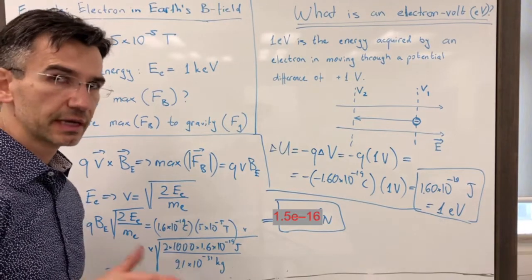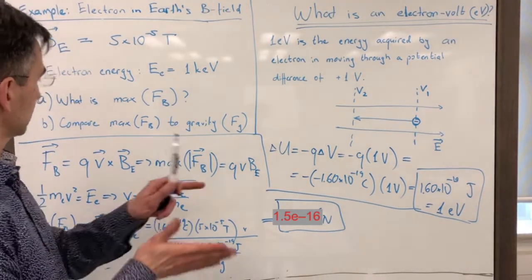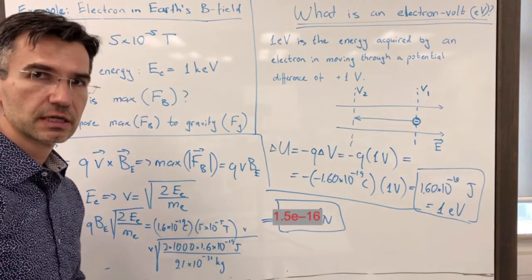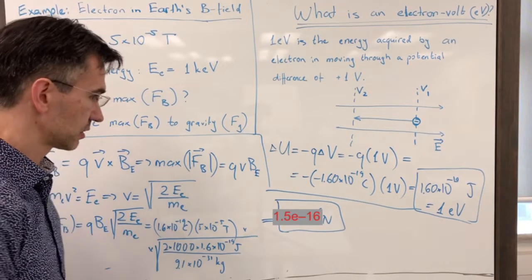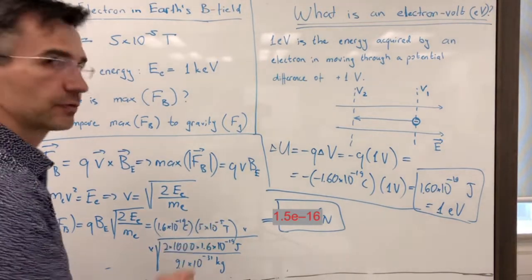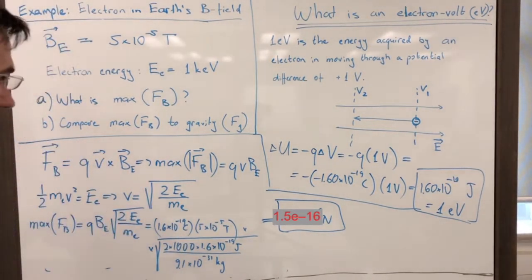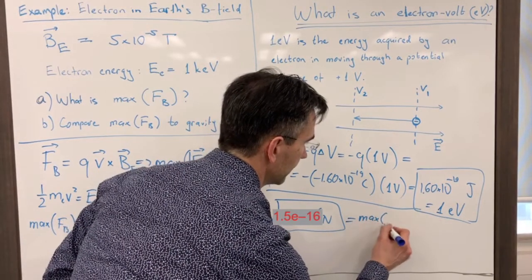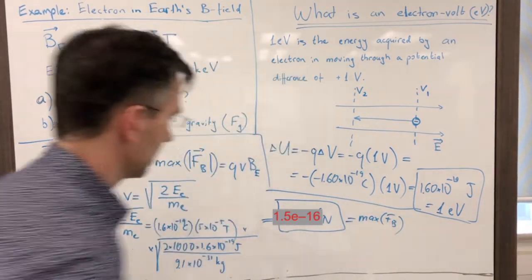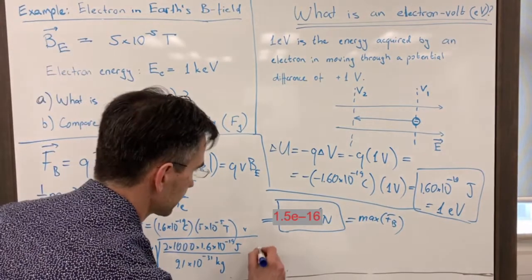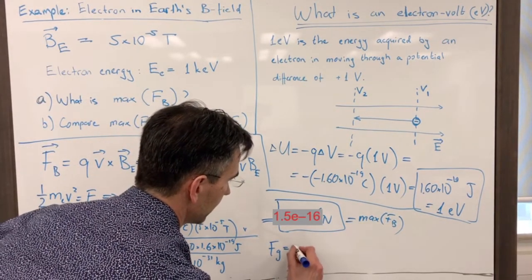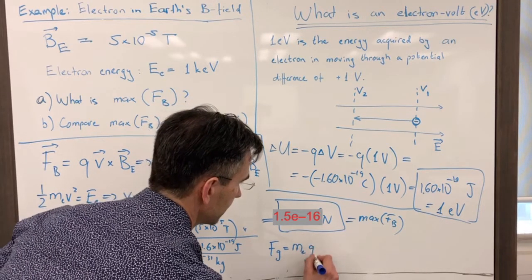The force can be less, of course, if the velocity and the magnetic field vector are not at 90 degrees to each other. How does this compare to the force of gravity is our second part. So this is max F_B. What is our force of gravity? The force of gravity is the mass of the electron times the acceleration due to gravity.